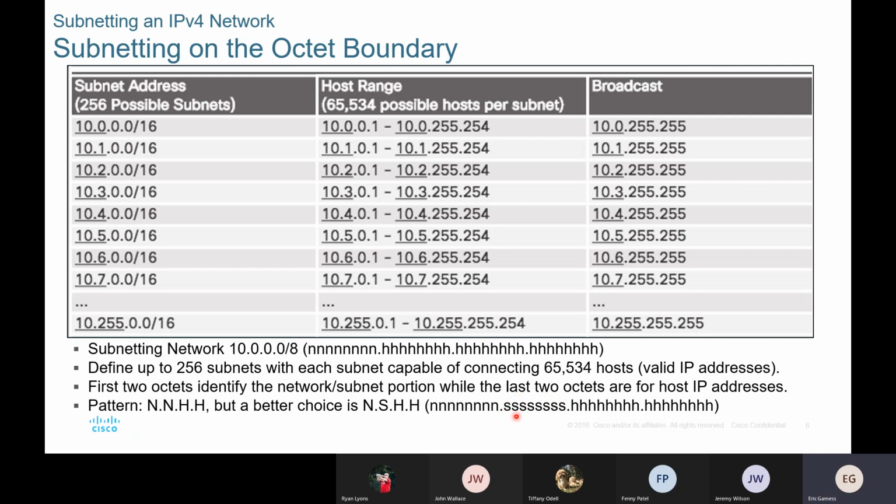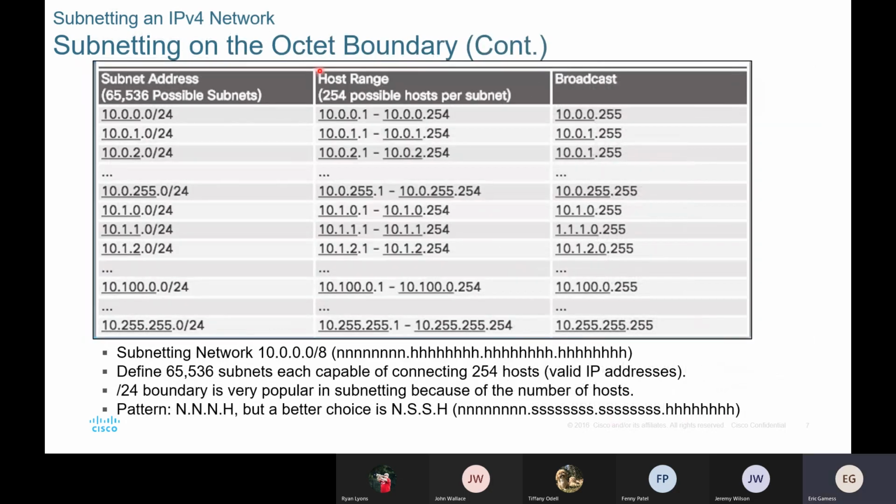So in the pattern, instead of putting N, I'm going to put S for subnet. So these 8 bits belong to the network part, these 8 bits belong to the subnet part, and these 16 bits belong to the host part.